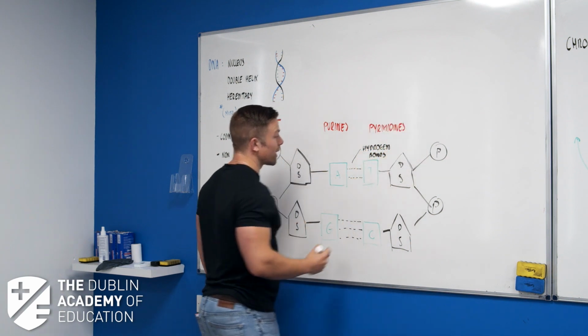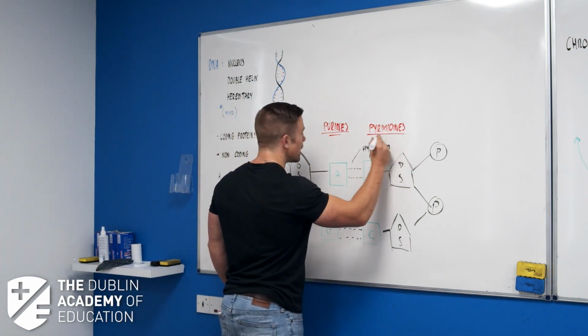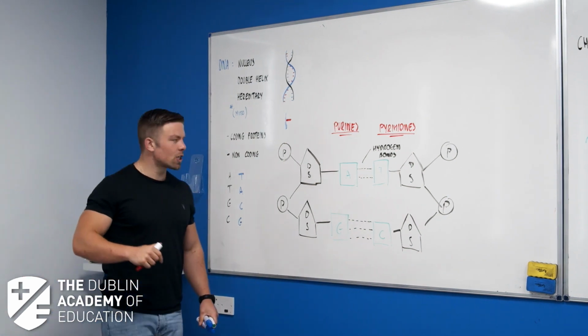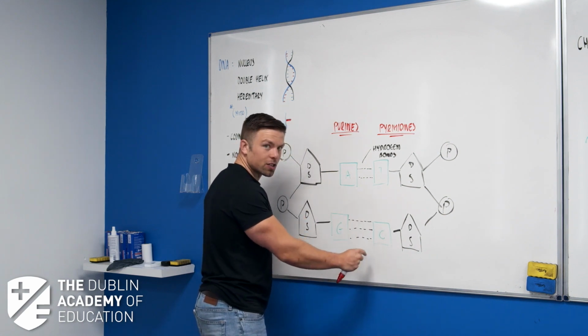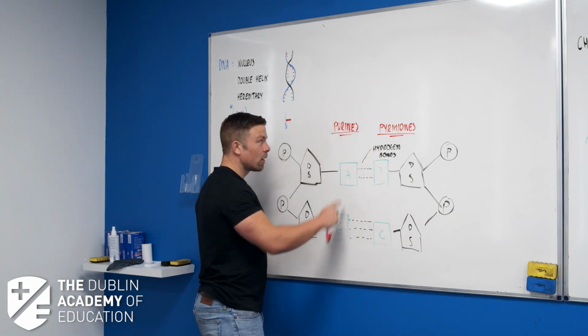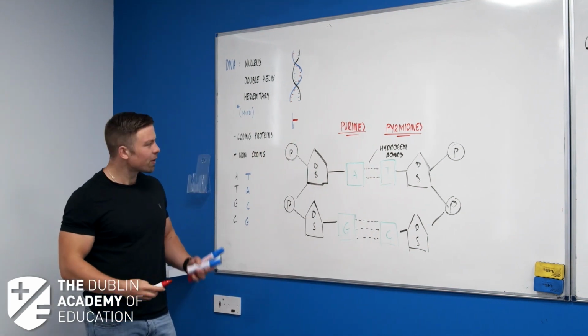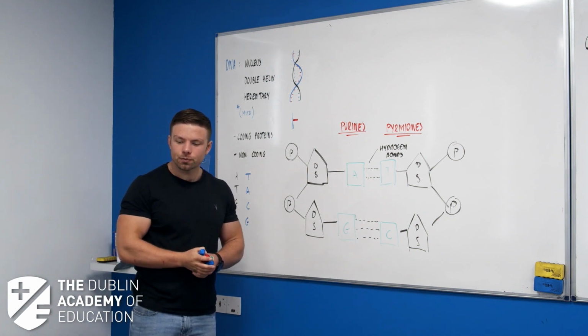And God knows if I spell that right. So those two down here are the purines. In terms of the bases, they are the pyrimidines. Okay, so be careful, because this A always binds with this and G always binds with this in DNA, but A and G are purines and T and C are pyrimidines. So don't get that mixed up. Definitely worth your while spending a little bit of time making sure you're okay with that.